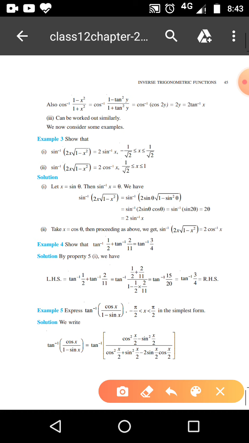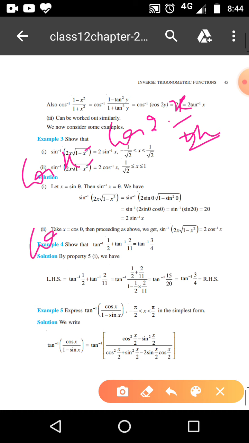Cos x can be written as cos square x by 2 minus sin square x by 2. Why? Because cos x is written as cos of 2 into x by 2, and cos 2 theta is cos square theta minus sin square theta, and by this formula it will come.